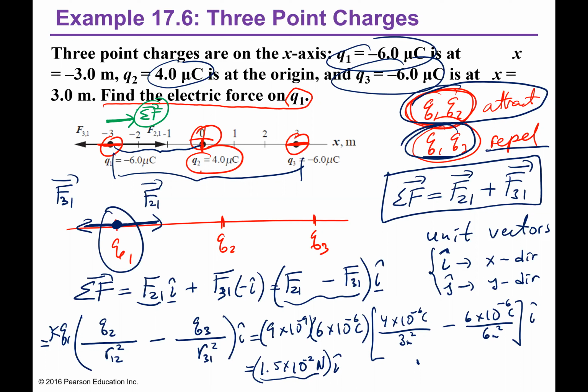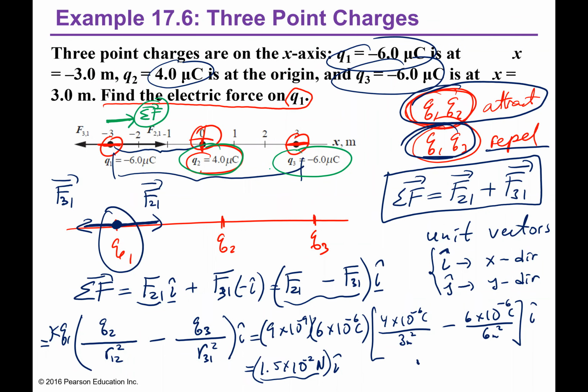Now let's see why. See, technically Q2 is less, right? It's a smaller magnitude than Q3. Q3 is much stronger technically in terms of its charge. But see, the distance, remember, is also a factor, and the factor is the distance squared. So even though Q3 is stronger, Q2 is closer.